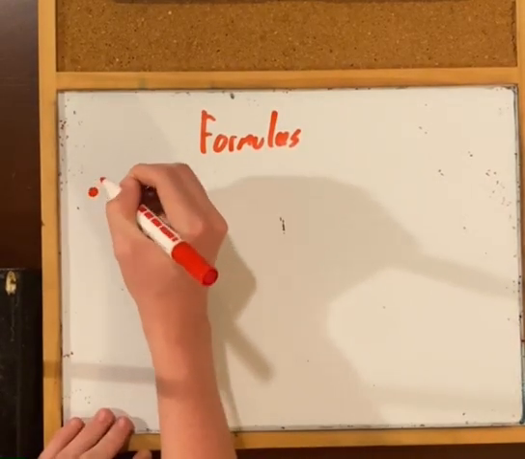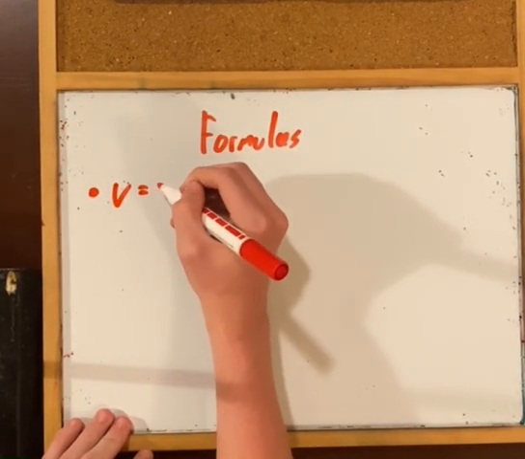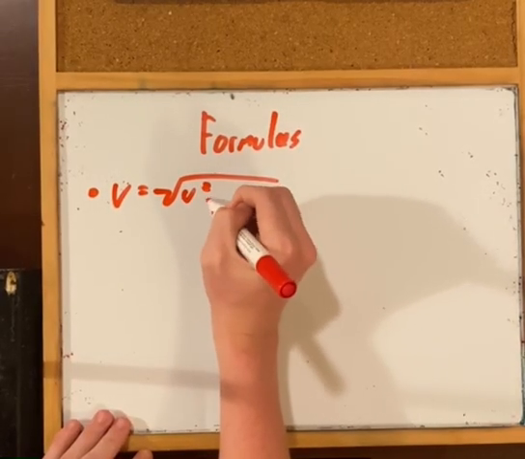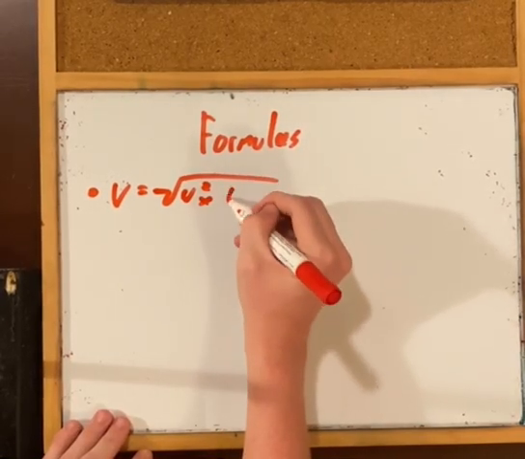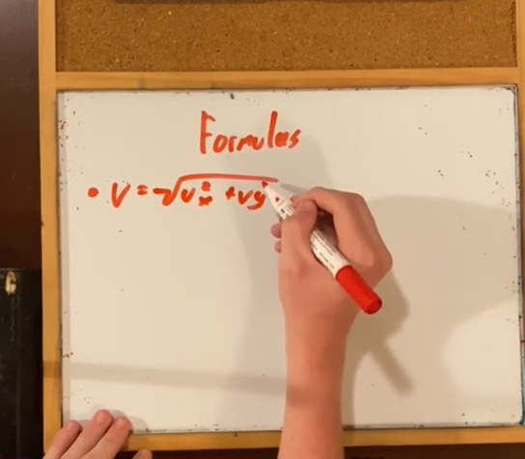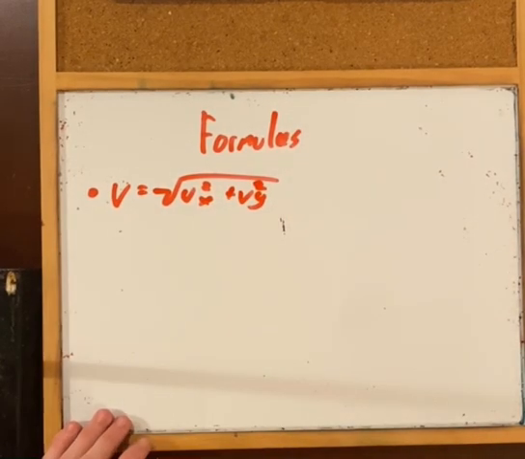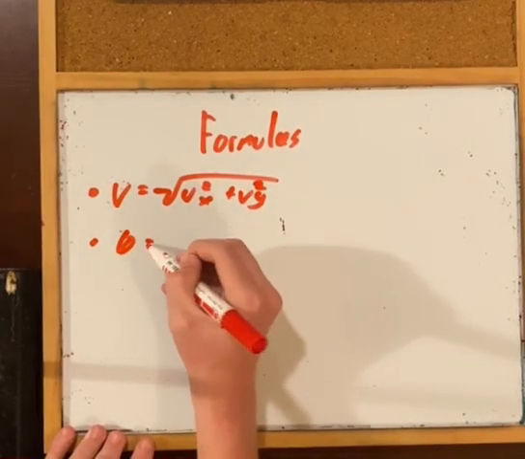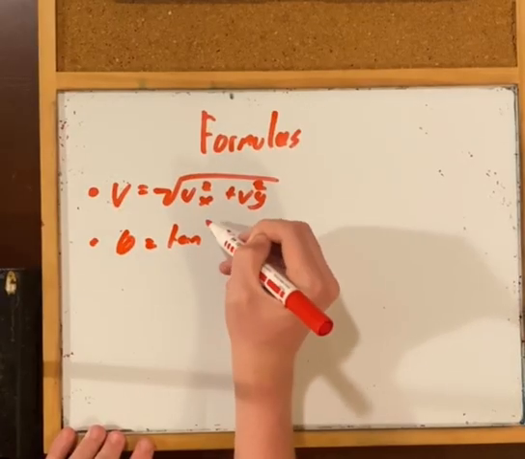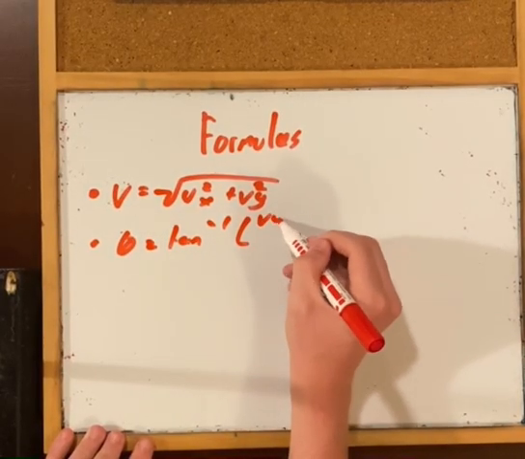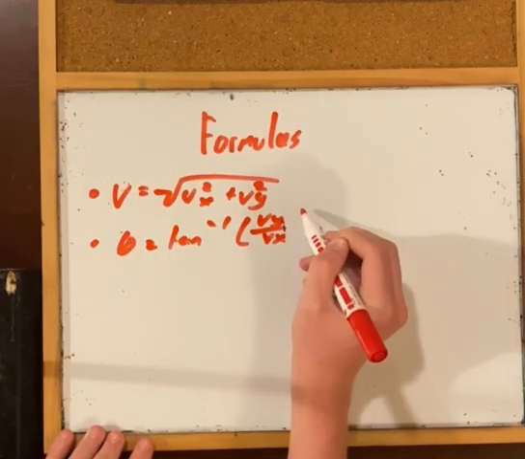I just have two more. So V equals square root of Vx squared plus Vy squared. Our next formula is the angle, tan to the power of negative 1 times Vy over Vx.